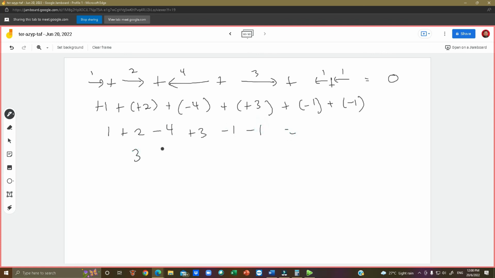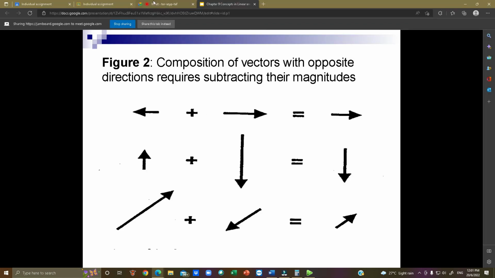Tolak 4 jadi negatif 1. Tambah 3 jadi 2. Tolak 1 jadi 1. Tolak 1 lagi kosong. So jawapannya kosong. Tak ada anak panah afterwards. It can be only happen if the plane is equal. Horizontal. Kita tak boleh tambah horizontal dengan vertical. Itu adalah untuk type kita yang ketiga.